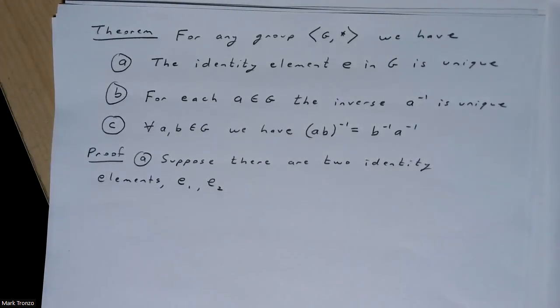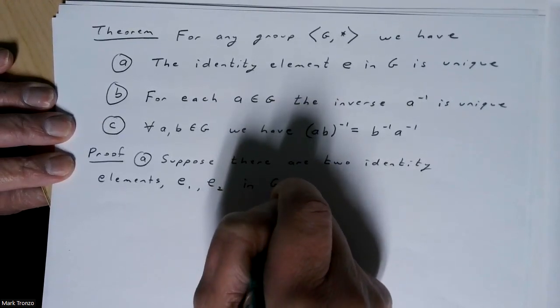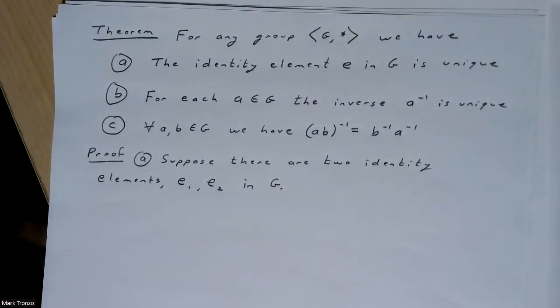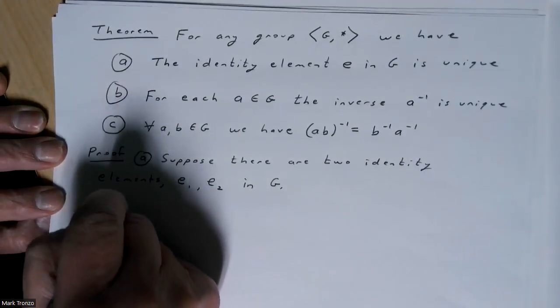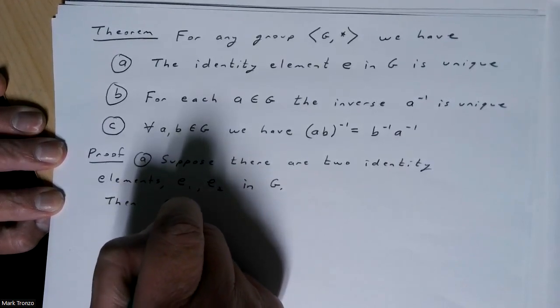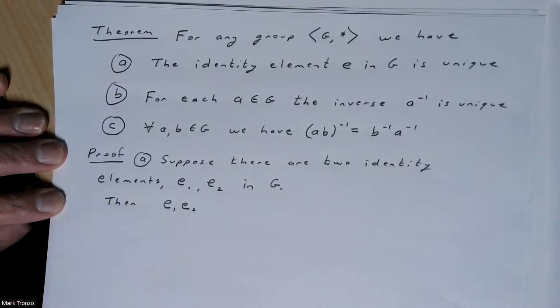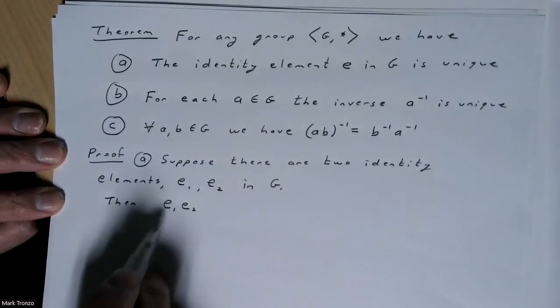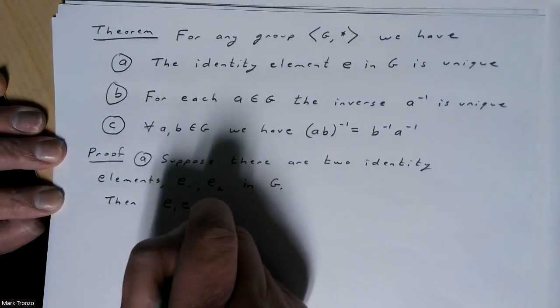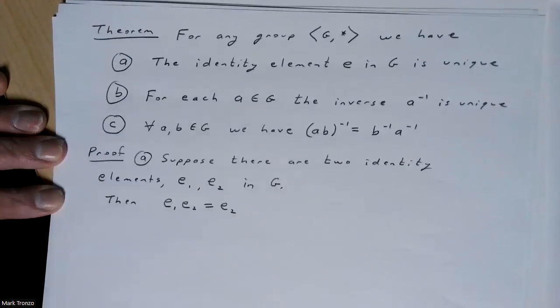Let's assume there are two different ones in G. Then that means E1, E2, again with some operation between them, is going to be equal to E2.